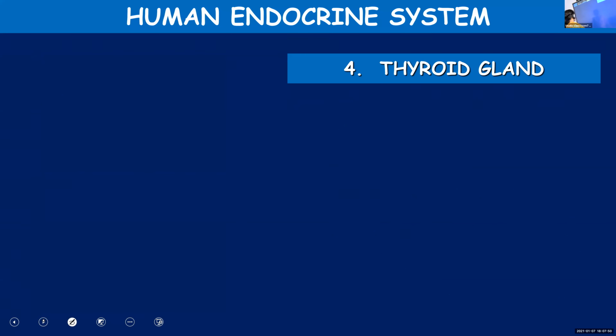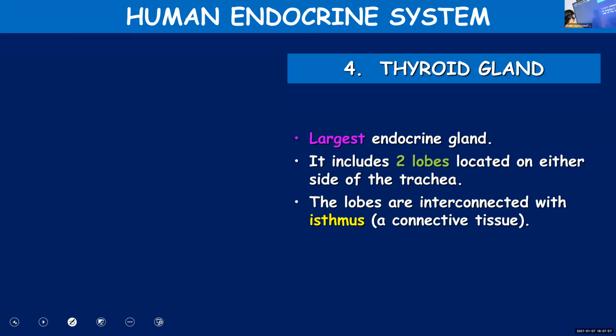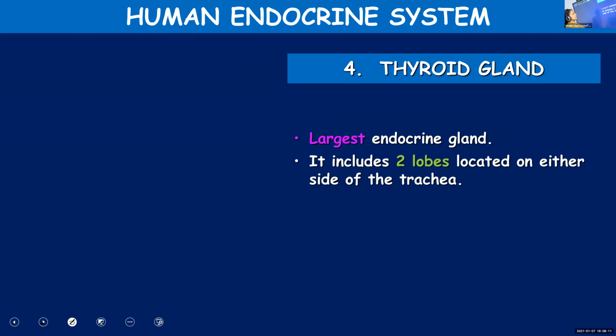Now, the fourth one is the thyroid gland. It's the largest endocrine gland. Which is the smallest, children? Pituitary. Okay, and the largest endocrine gland is the thyroid gland.